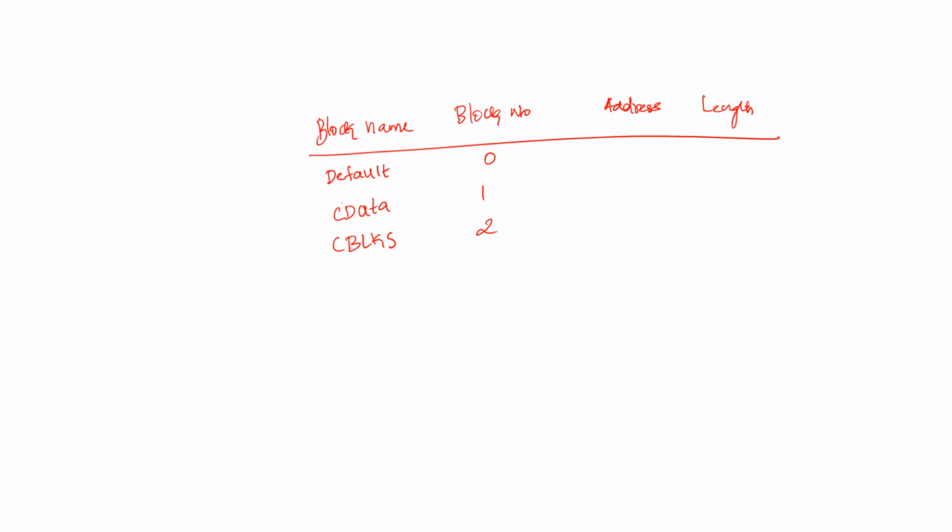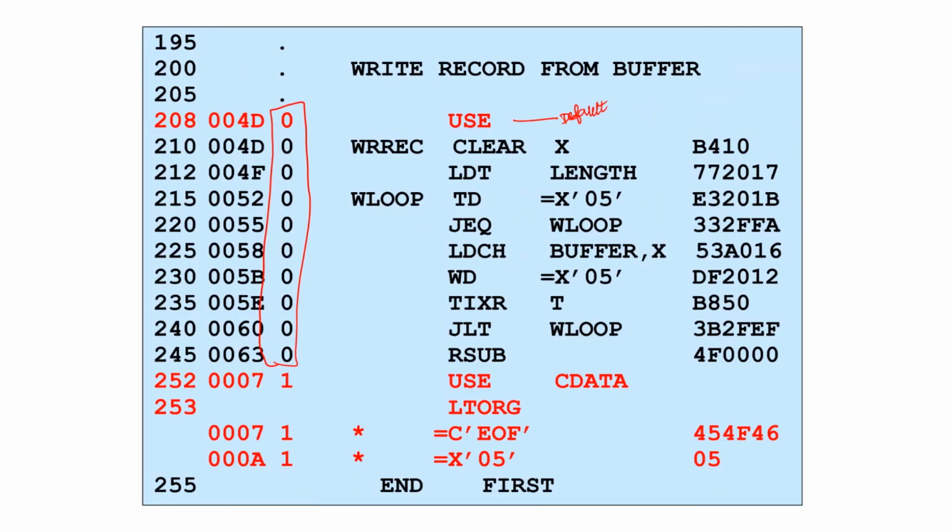Then the first block starts at location 0, 0, 0, 0, right? Then block number 1. Where does block number 1 start? So the length. If you see the previous one, block number 0 starts at location 0, 0, 0, 0 and ends at 0, 0, 6, 5.